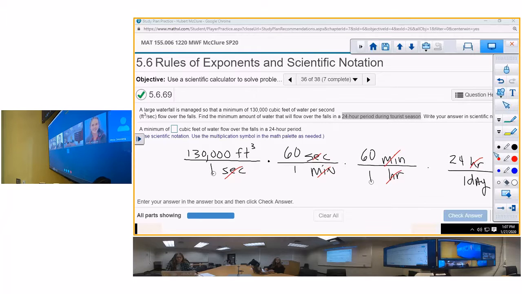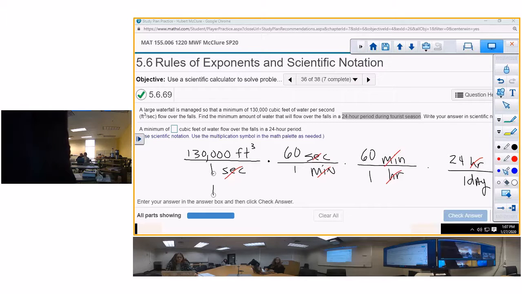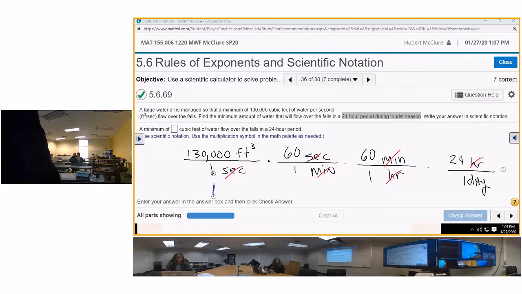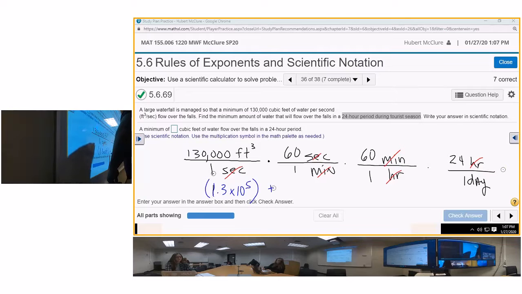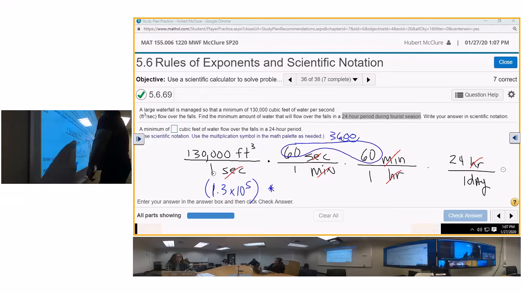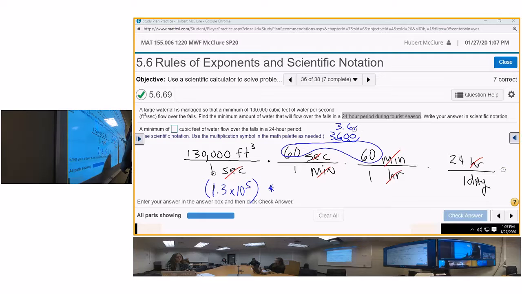So I'm going to write it up here. I'm going to write it in blue. So this is going to be 1.3 times 10 to the what? 5, Hubert. Thank you, class. Times, I'm going to go ahead and change this into 3,600, which would be 3.6 times 10 to the third.